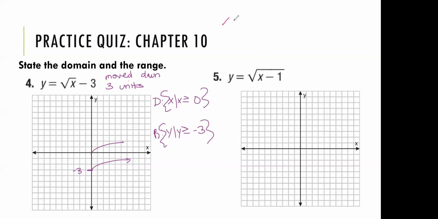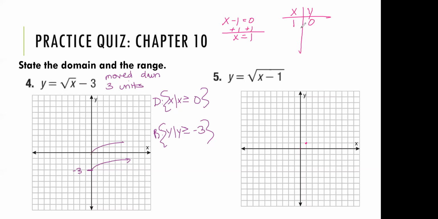So if this was equal to 0, we would get x equals 1. So when x is 1, y is 0, and our graph would be starting here.